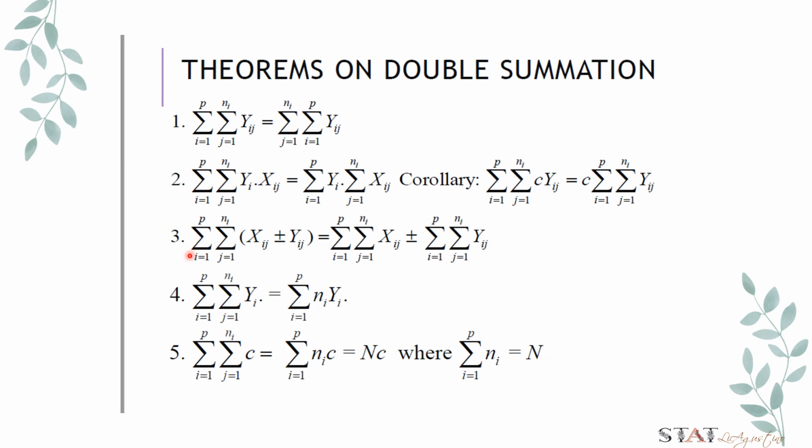And also here, in the third theorem, you can have the double summation of xij plus or minus yij, where j ranges from 1 to ni and i ranges from 1 to p, is also equal to, just like a distributive property, the double summation of xij, where j ranges from 1 to ni and i ranges from 1 to p, plus or minus the double summation of yij, where j ranges from 1 to ni and i ranges from 1 to p.